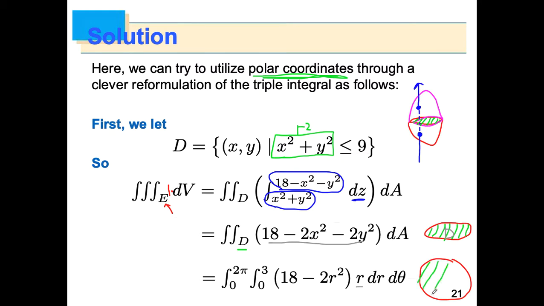Here's my disk once again, but this is us at a bird's eye view flying over the thing. This is a disk of radius 3. Its smallest radius is 0, its biggest radius is 3, and of course we are rotating all the way around 360 degrees, which gives us the 2 pi.